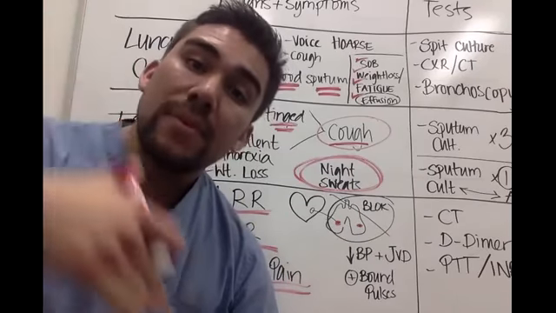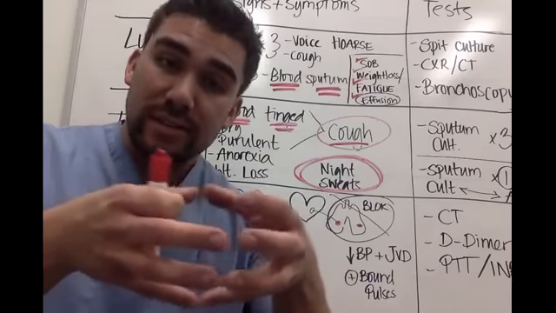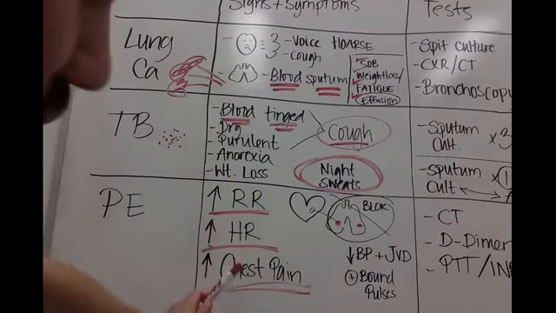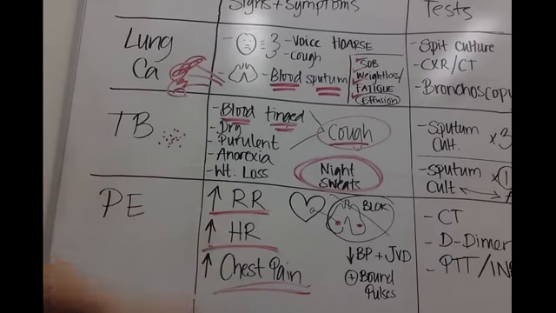But there's some type of occlusion that's preventing oxygen exchange at those capillaries, okay? So every time you take a deep breath, you're going to have chest pain. Your heart rate is trying to compensate, and your respiratory rate will be going faster.